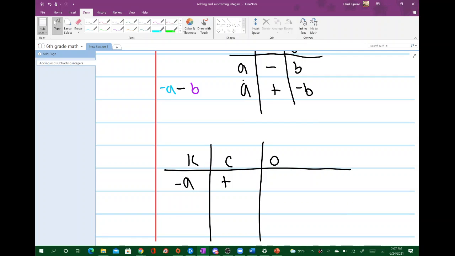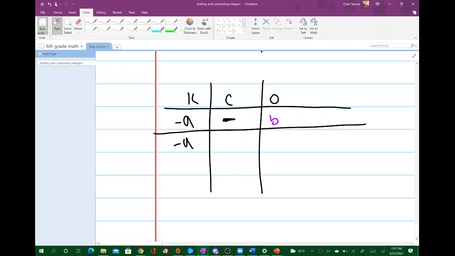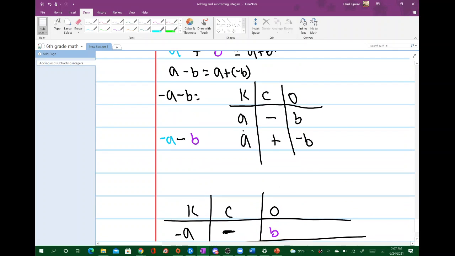this is going to be, we're going to keep the first one, so -A, and then -A minus B, right? We're going to say -A, and then we're going to change it to a positive, and then do the opposite of B. Now, what did we say the opposite of B was?